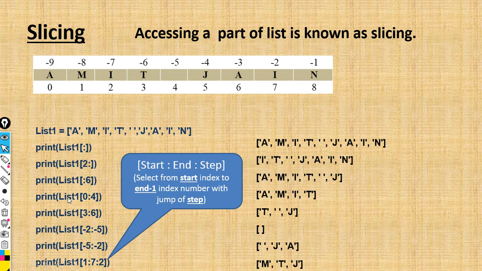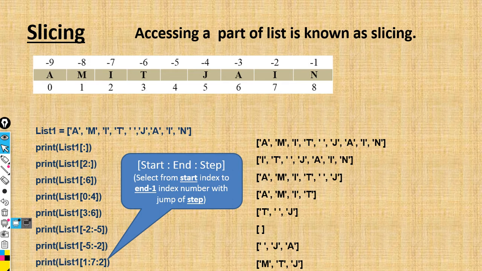We can slice the list in some other ways also. If I want to slice a part of the given list elements, if I want to access AMIT, I will start from 0 and end up to, not up to 3, because it will print only up to end minus 1.